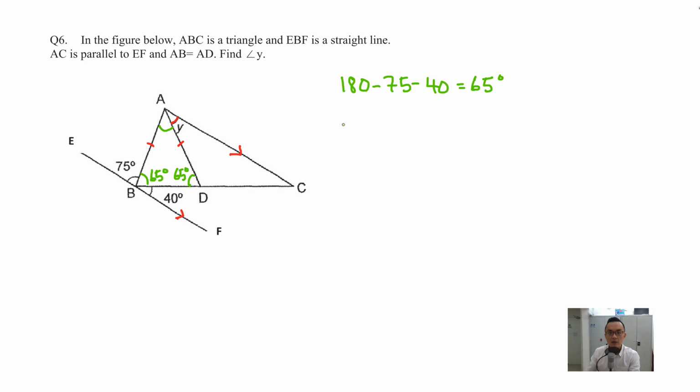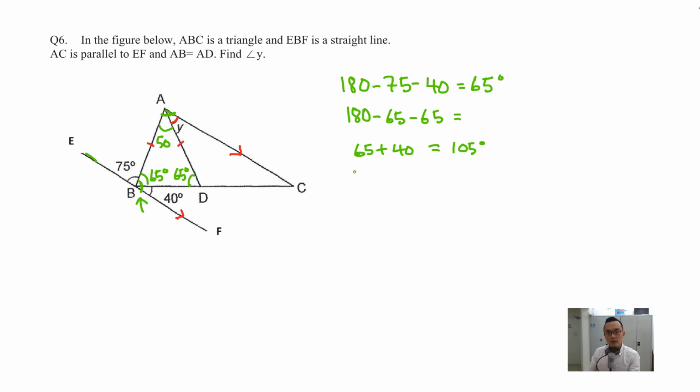And I can find this by taking 180 minus 65 minus 65, which is 50 degrees. Now, because I know this line is parallel to this line, if I take this angle plus this angle, it is 180. So this angle here is 65 plus 40 equals 105 degrees.